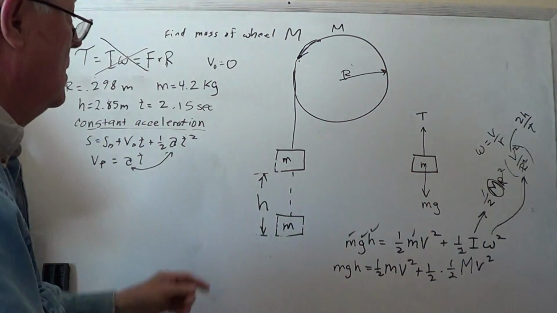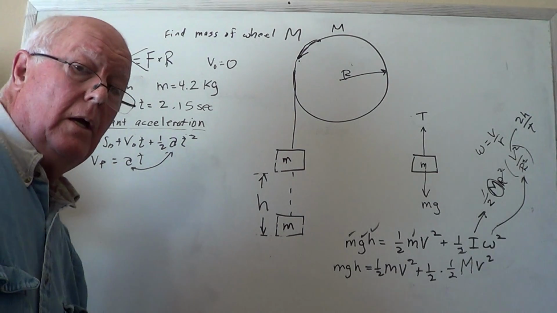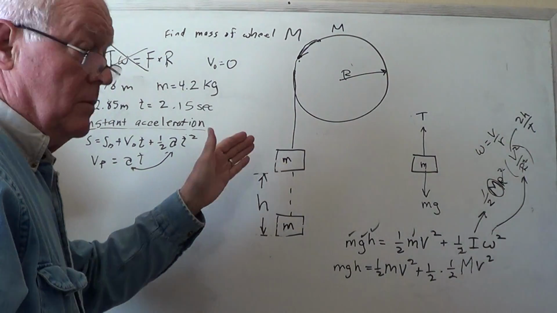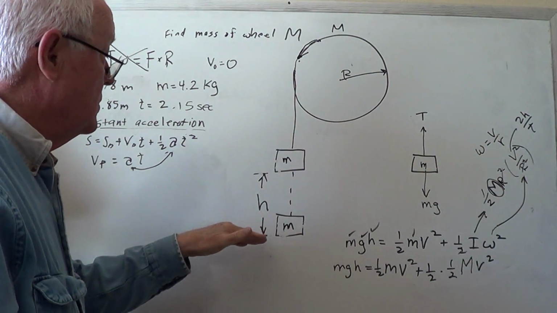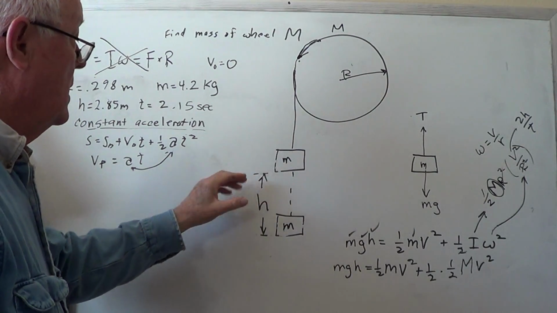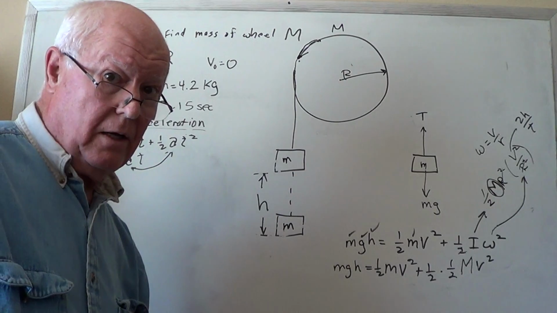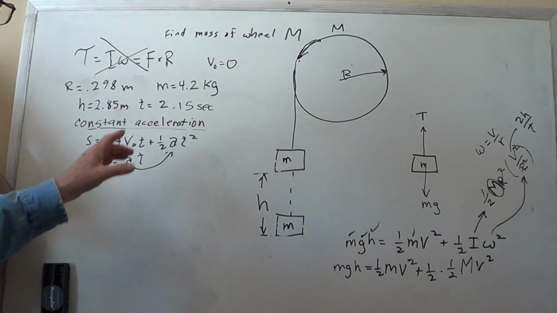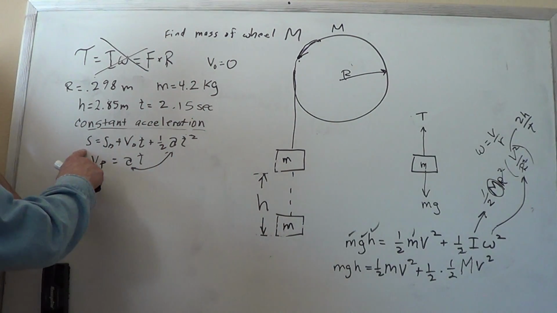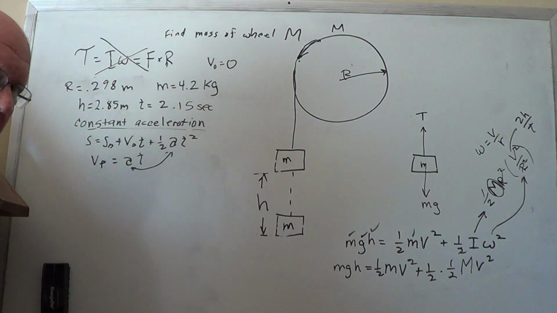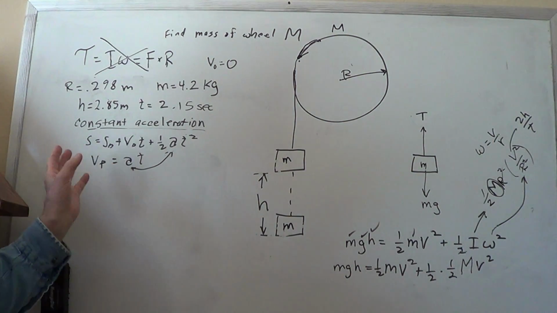Well, okay. The problem states that it starts from rest, it goes a certain distance in a certain amount of time. That just screams of our old kinematic equations. As a matter of fact, the one that I'm using here: S equals S0 plus V0 t plus 1/2 a t squared. I think you may have used D for the distance. Anyhow, it's distance.